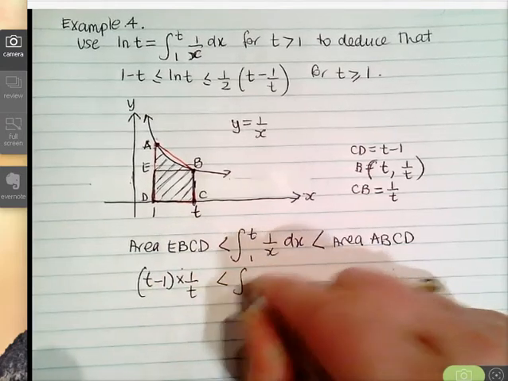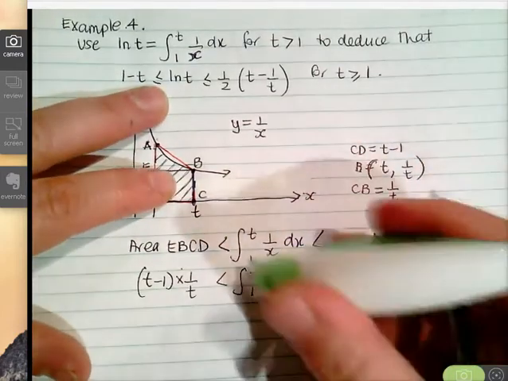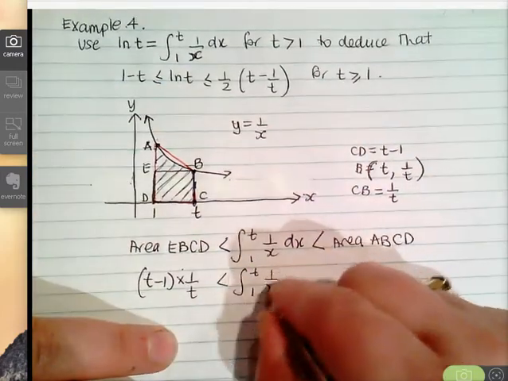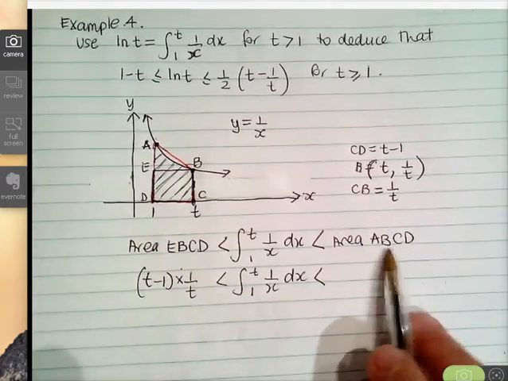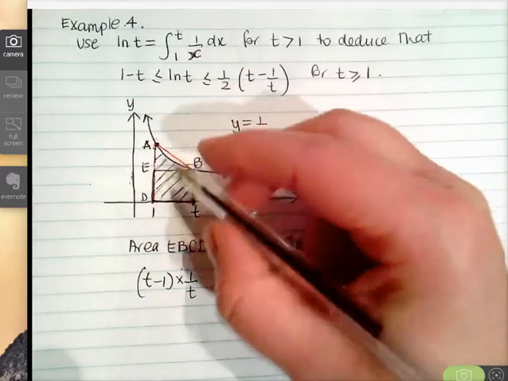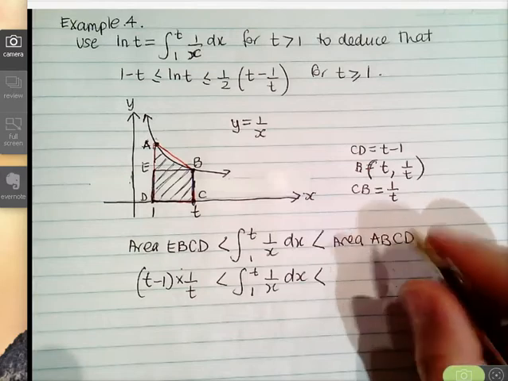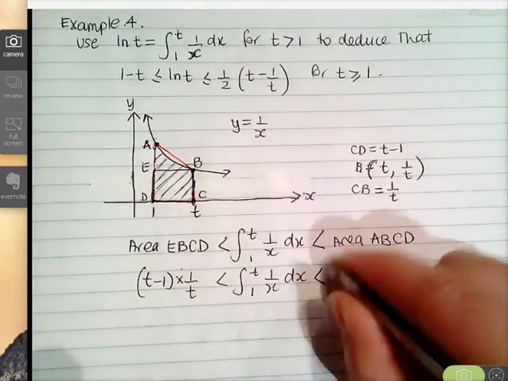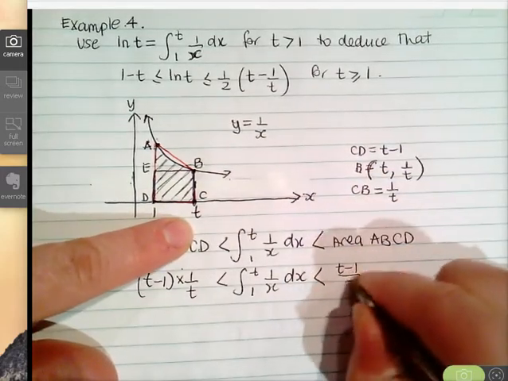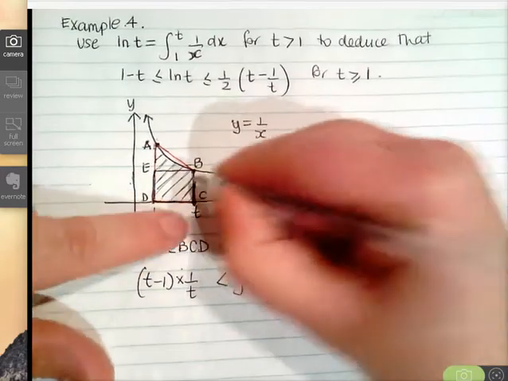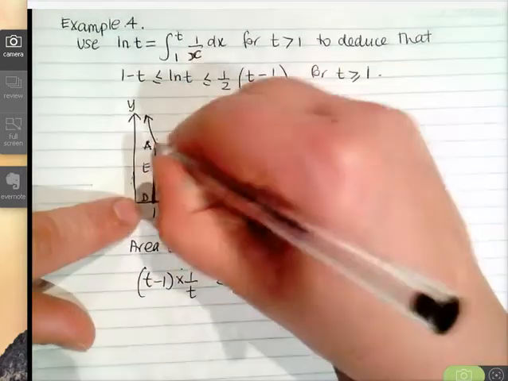Now that's less than the integral between t and 1 of 1 on x dx, which is less than the area of trapezium ABCD. The area of a trapezium is h on 2 times a plus b. Now h is this length here, so it's t minus 1 over 2. BC is 1 on t, plus this length here.